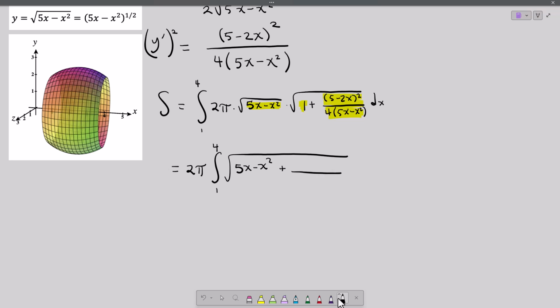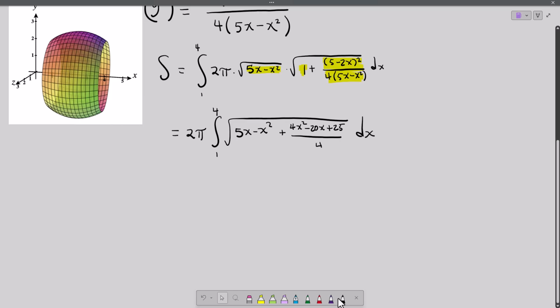the numerator, which I'll FOIL out. So that numerator is 4x squared minus 20x plus 25. And the only thing left in the denominator is the 4. So we FOIL the numerator and divide everything by 4.